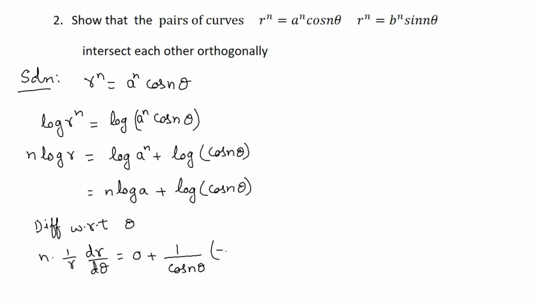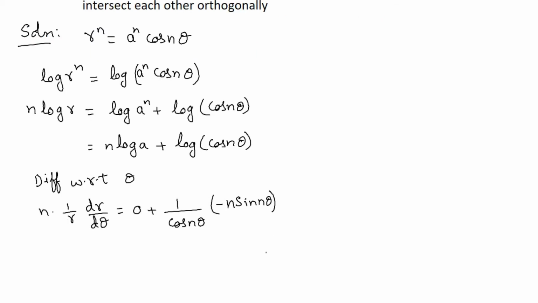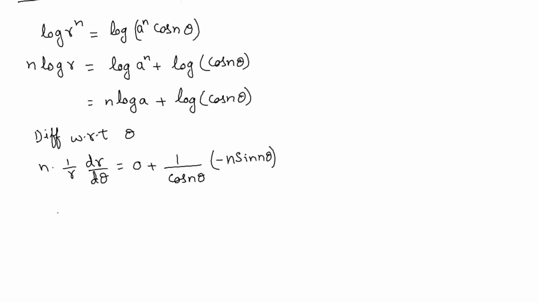So minus sine of n theta and differentiation of n theta will be n. So it is n times of, we have 1 by r dr by d theta is nothing but cot of phi. Because it is the first curve, I will be taking phi 1 equal to minus n into sine of n theta divided by cos of n theta.